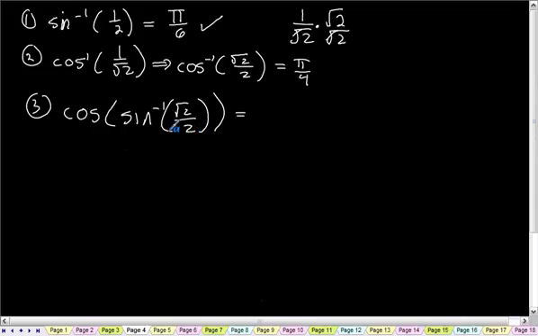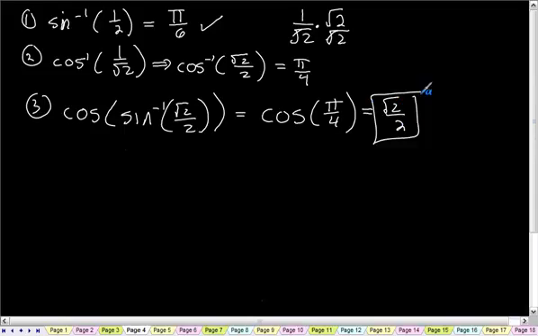First of all, inside the parentheses, what angle has a sine of radical 2 over 2? Well, we know that's pi over 4 based on our chart. So the cosine of pi over 4, or 45 degrees. Looking at our chart again, the cosine of 45 degrees is radical 2 over 2. That's our answer for number 3.